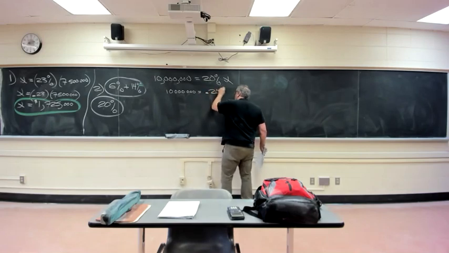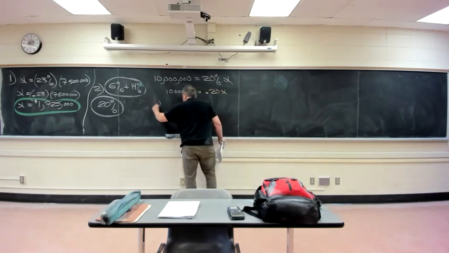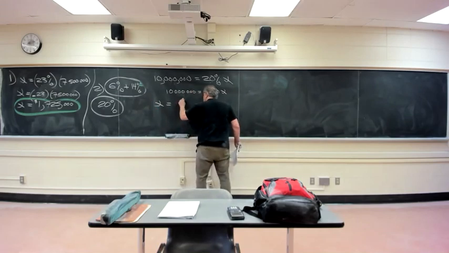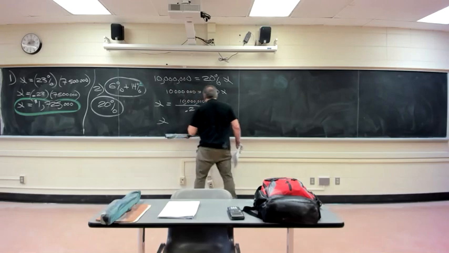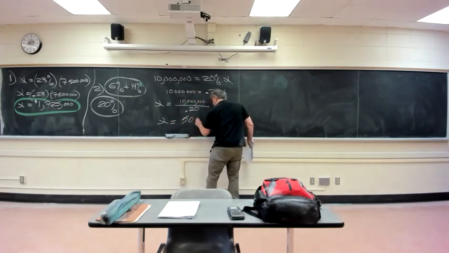Divide by 0.20 on each side. There's a number of ways you can do this. Divide by 0.20, divide by 0.2. It's a lot of money. The whole budget is $50 million.